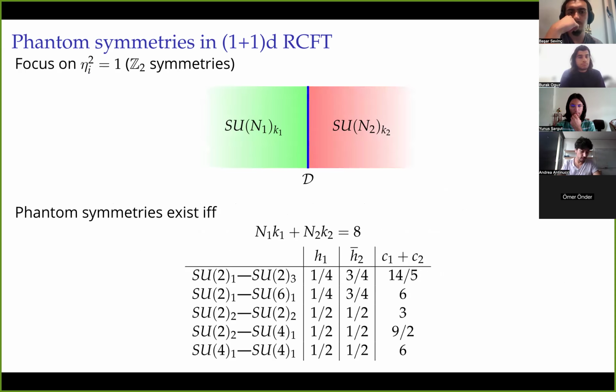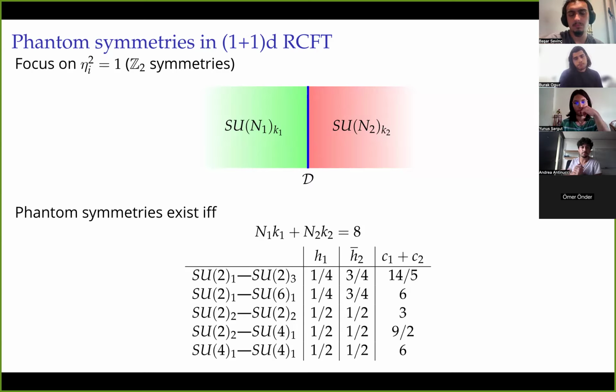Now, just to flash a couple of other examples, you can start looking at examples in rational CFTs. You can start from just looking at interfaces between WZW models, SU(N) level K, with different N and Ks.